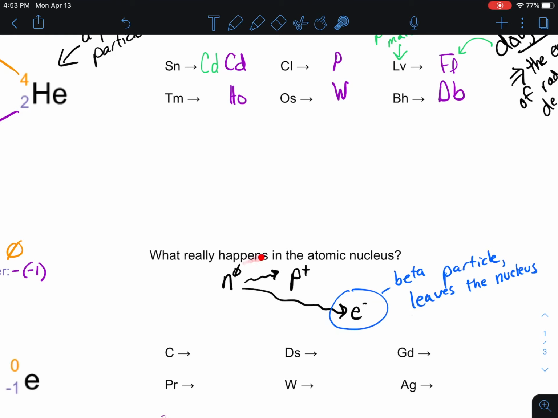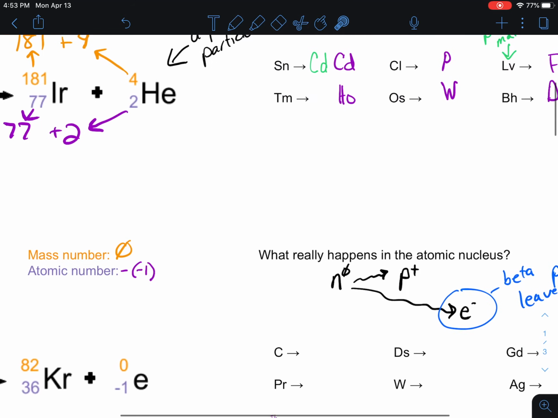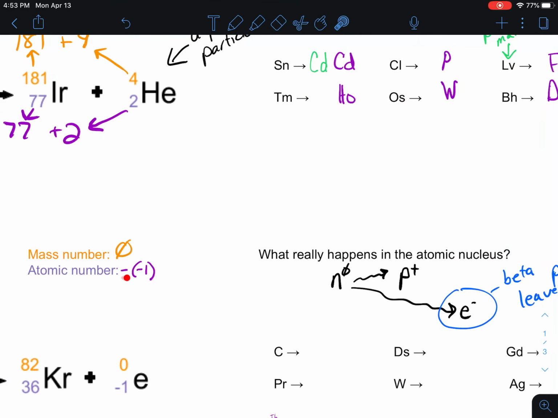One of the neutrons breaks down into a proton. That means in the case of beta decay, we are going to add one more proton than there was before. If we are losing a -1, minus a -1 actually gives us a +1, okay? So in the case of beta decay, you would add one more than it was before.